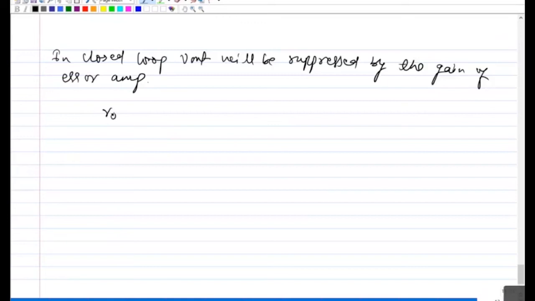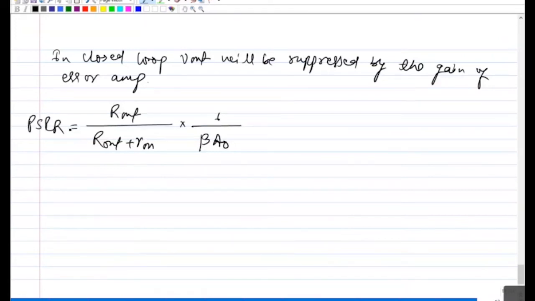So you guys can do this. Verify this. I'm just directly writing this: RON multiplied by 1 over beta A naught. This is your PSRR DC.